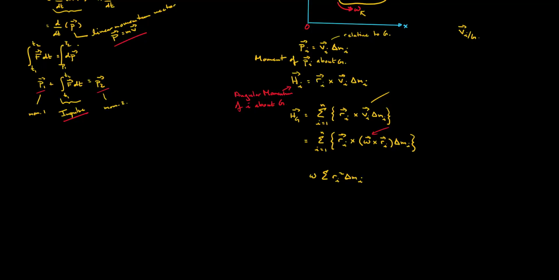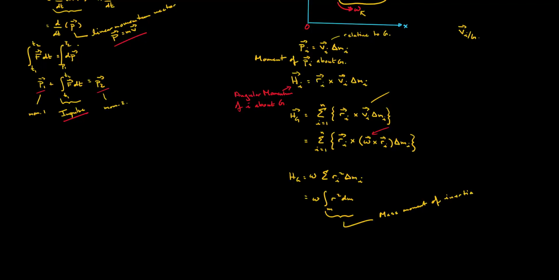And as we shrink these particles down to a differential size, then what we would have is something of the form integral of r squared dm. And hopefully this integral should look familiar. This is our mass moment of inertia.